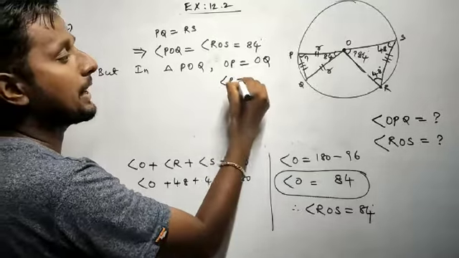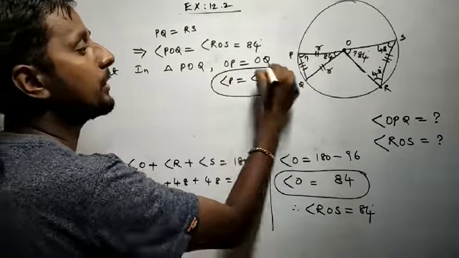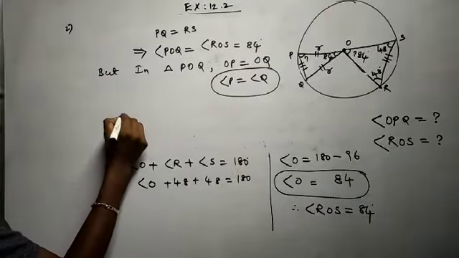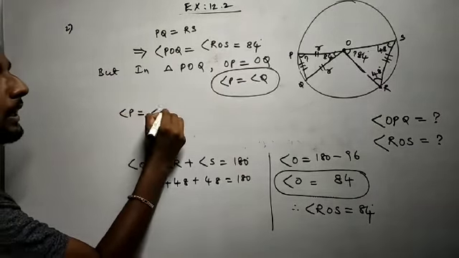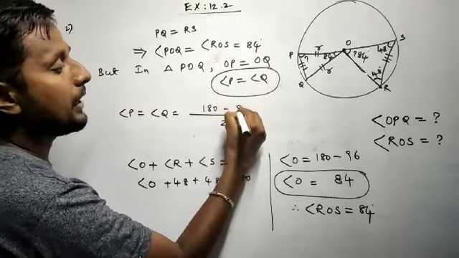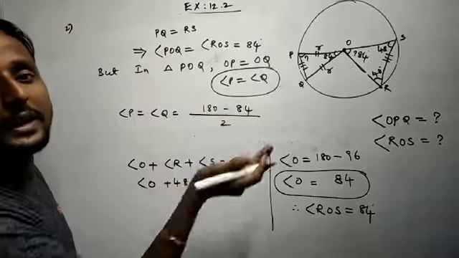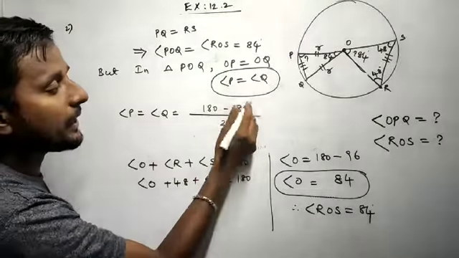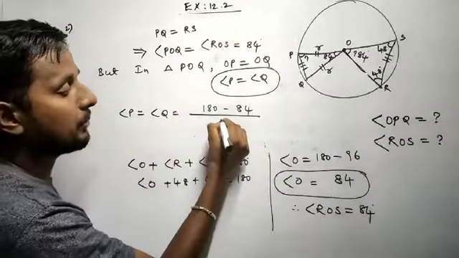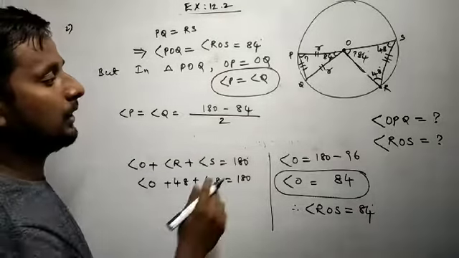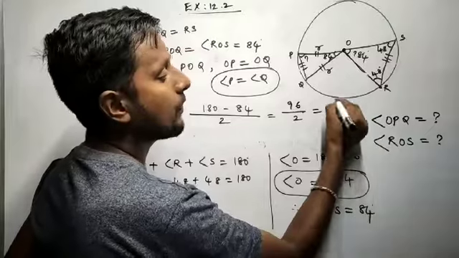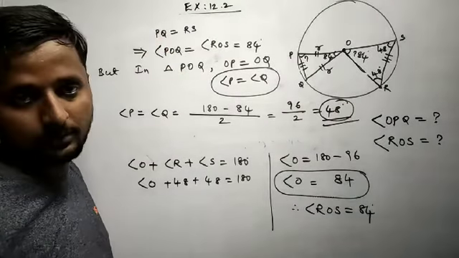From this I can say angle P is equal to angle Q. So angle P is equal to angle Q, that is equal to 180 minus 84, because the sum of the three angles is 180. So one angle I am subtracting from 180. Then we get the sum of two angles, but the two angles are equal, so I'll divide it. Same, we'll get 96 by 2. So again each angle is 48 degrees.